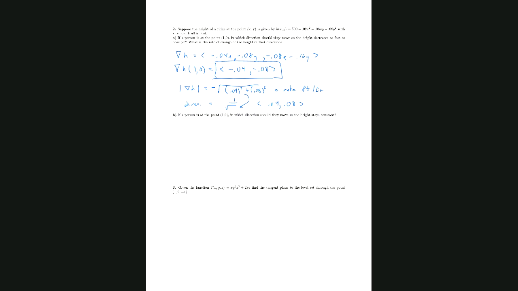So for decreases, it will be equal to the negative of that same vector. And of course I can distribute the negative to make it positive. So either way you want to do it.